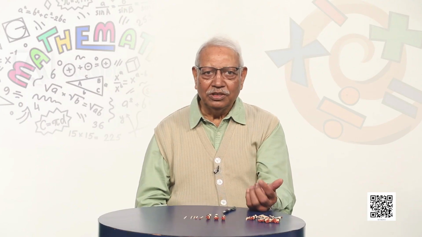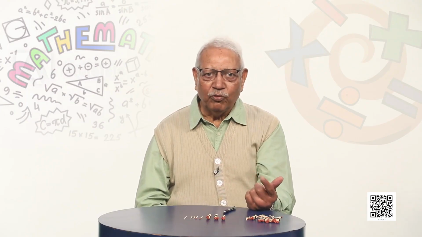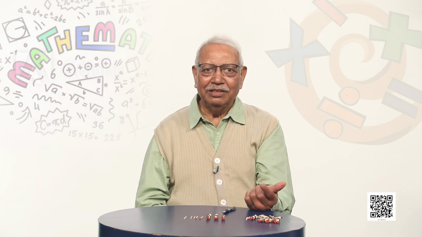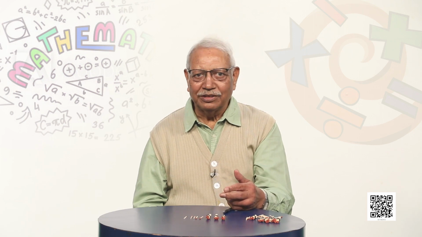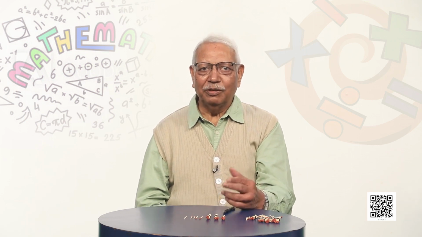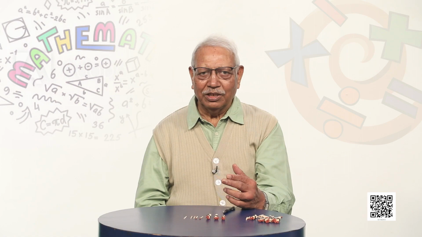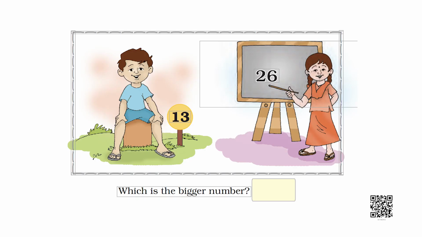So, this number has got 1 ten and the number on the right has got 2 tens. It means the number on the right is bigger than the number on the left.